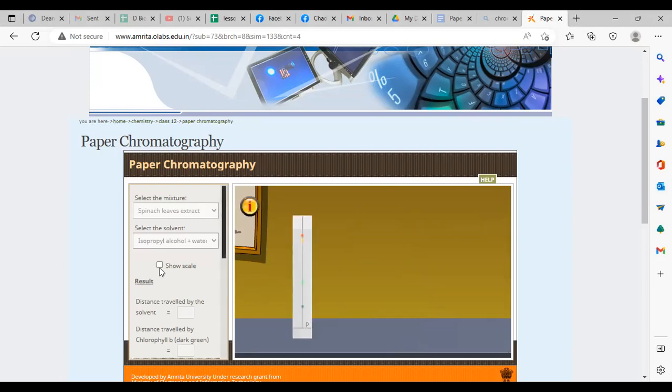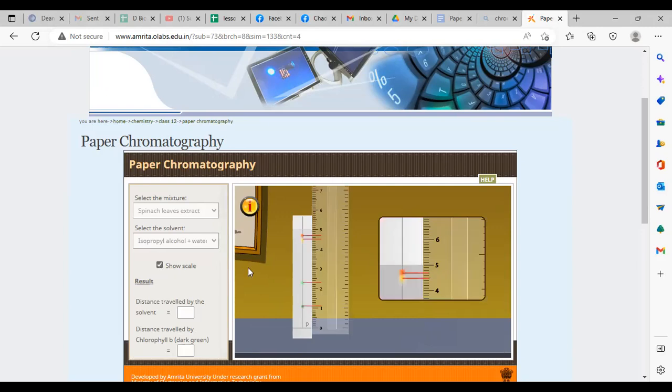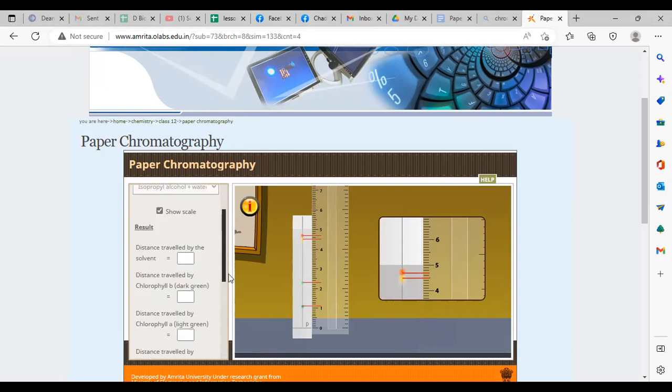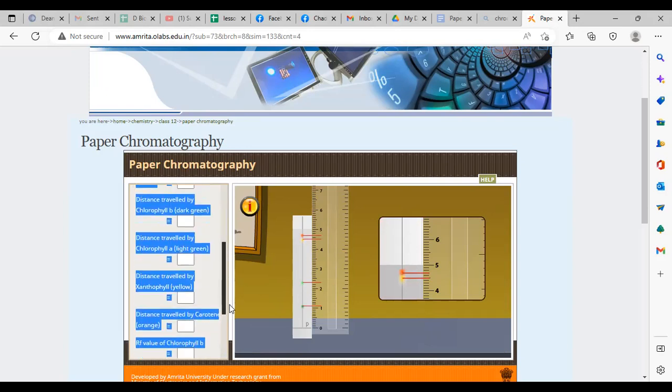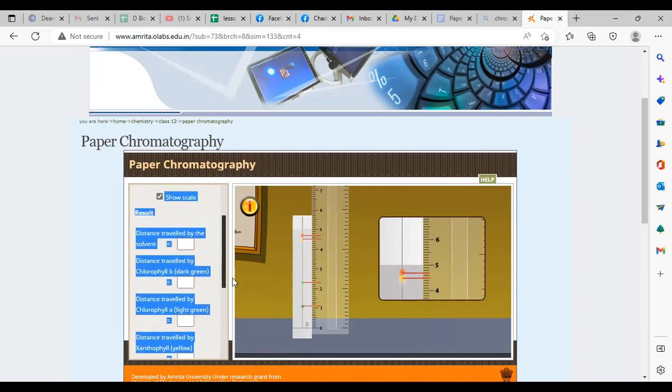Ayan, meron kang pigment: chlorophyll B, chlorophyll A, xanthophyll, tsaka yung carotene. Ganun din yung principle: kukunin mo lang yung distance traveled by the mismong pigment or solute, divided by the distance traveled by the solvent. Okay, madali lang naman yan.